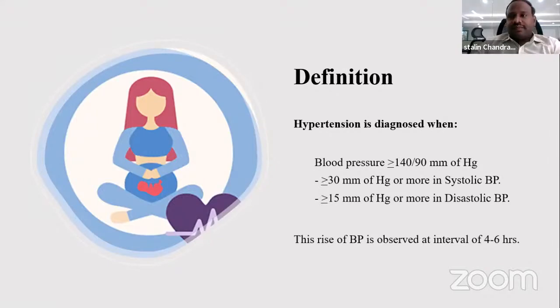Okay. All right. So the definition of hypertension in general is a blood pressure more than 140/90. Systolic BP taken on 2 occasions should be more than 140 mm of mercury, and diastolic more than 90, observed at 2 intervals 4 to 6 hours apart.